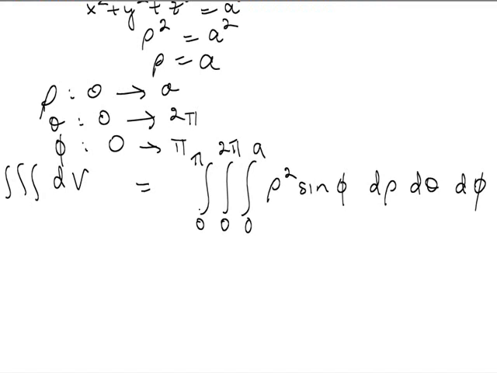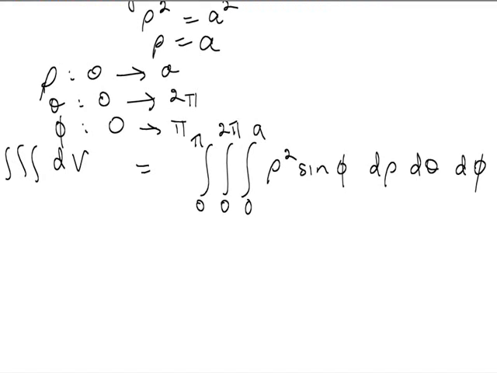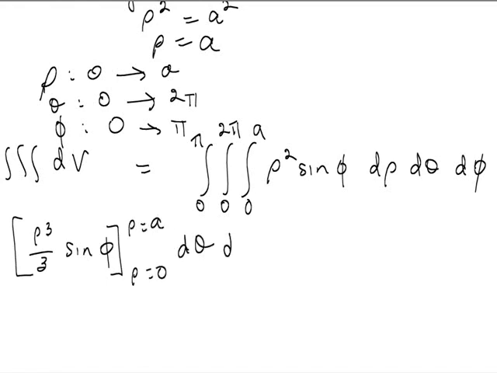Okay, let's go. Integrate with respect to rho. 0 to pi, 0 to 2 pi, rho cubed over 3 sine phi from rho equals 0 to a, d theta d phi.